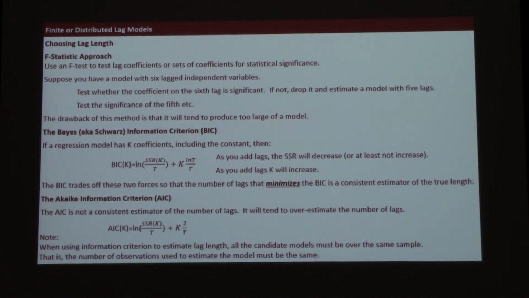When comparing these information criteria, and this is important, we've got to make sure all of our models have the same sample size. Every time we add a lag coefficient, we're losing an observation. So let's say we've got about 30 periods of data.